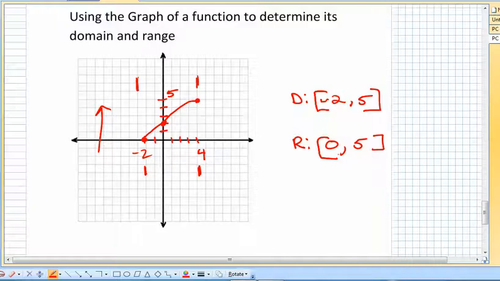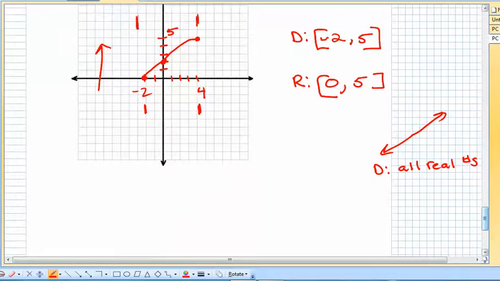Something to keep in mind also about domain and range is anytime that you have arrows in both directions, that means the domain would be all real numbers. And to represent all real numbers in interval notation, we go negative infinity to positive infinity.